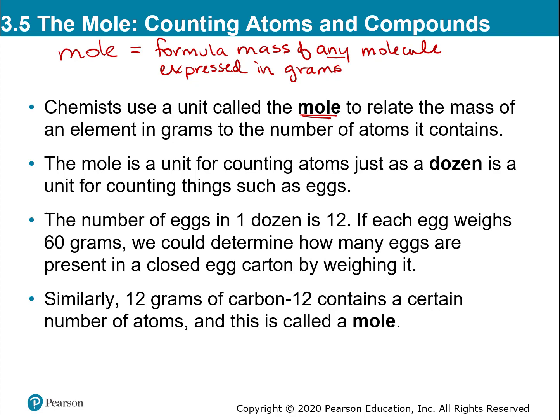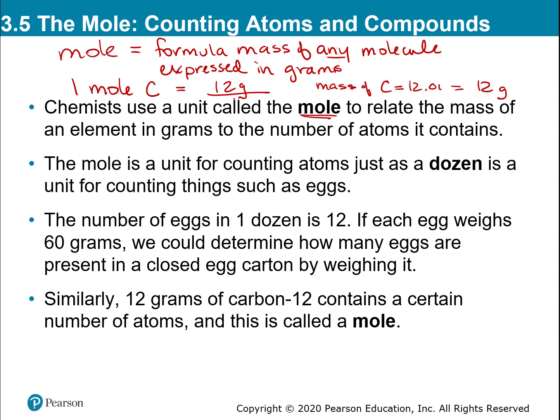So if I have 1 mole of carbon, you look at the periodic table and find the atomic mass for carbon. The atomic mass for carbon is 12.0108. Just round it to a whole number. There would be 12 grams in 1 mole because the formula for carbon is just C.